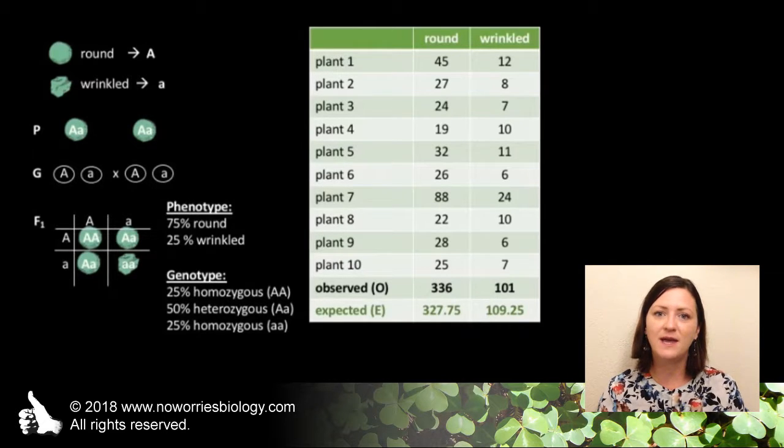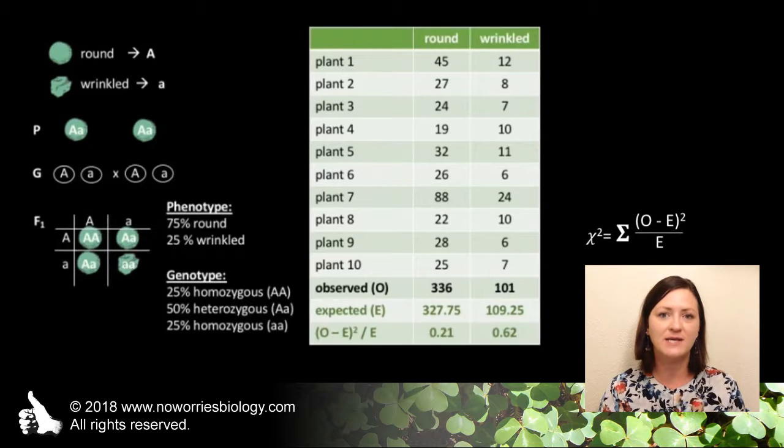When we apply the chi-square formula to this scenario, we end up with a chi-square value of 0.83. There are two different categories the results could have fallen into, round and wrinkled. 2 minus 1 equals 1, so we are dealing with 1 degree of freedom.